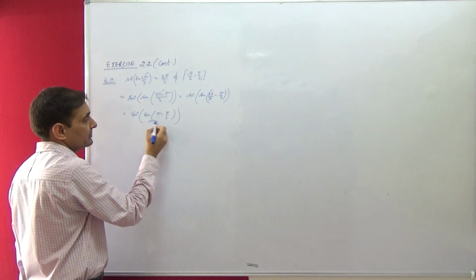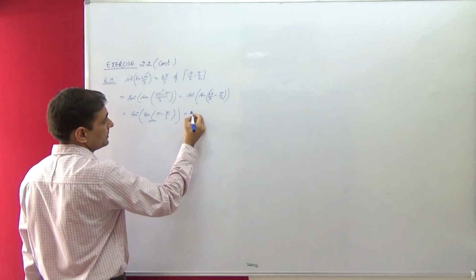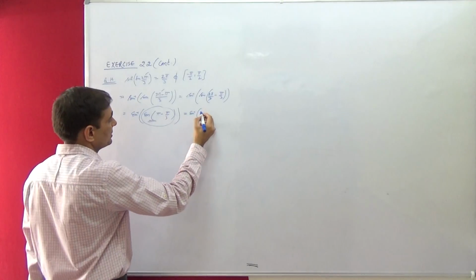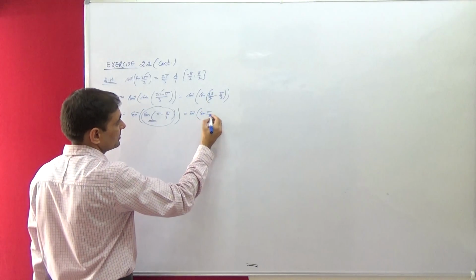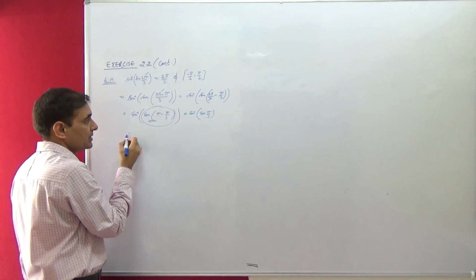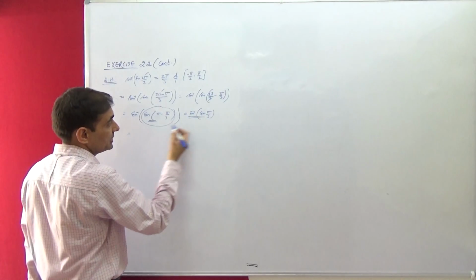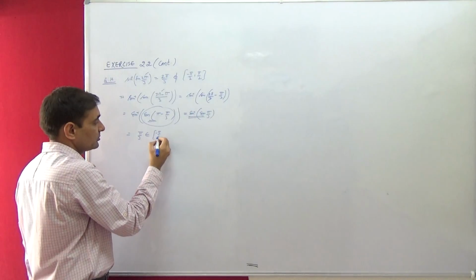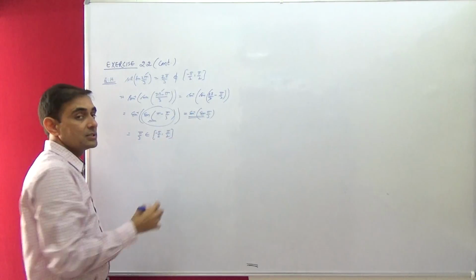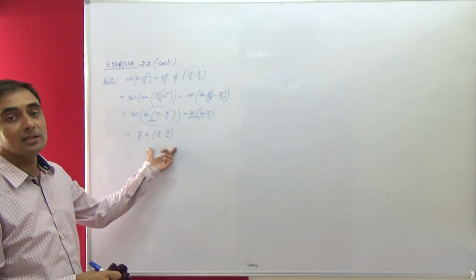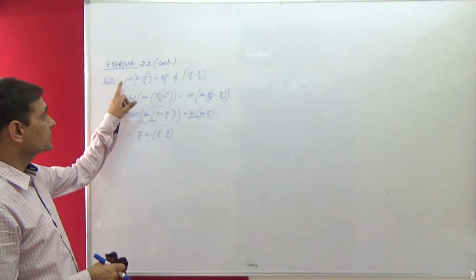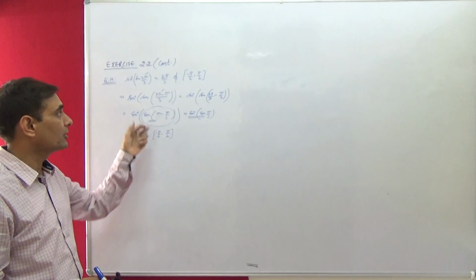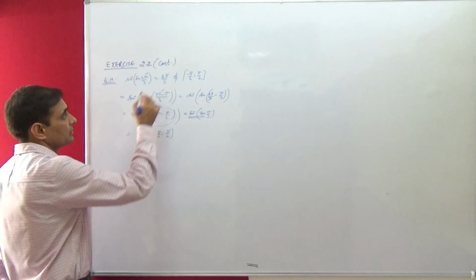Now sine of 180 minus theta is sine theta, so you will write sine inverse of sine pi by 3. If you cancel these two, now you see pi by 3 belongs to minus pi by 2 to pi by 2, which is the range fixed for sine inverse, right? So sine inverse of sine 2 pi by 3 will be pi by 3, not equal to 2 pi by 3, right?